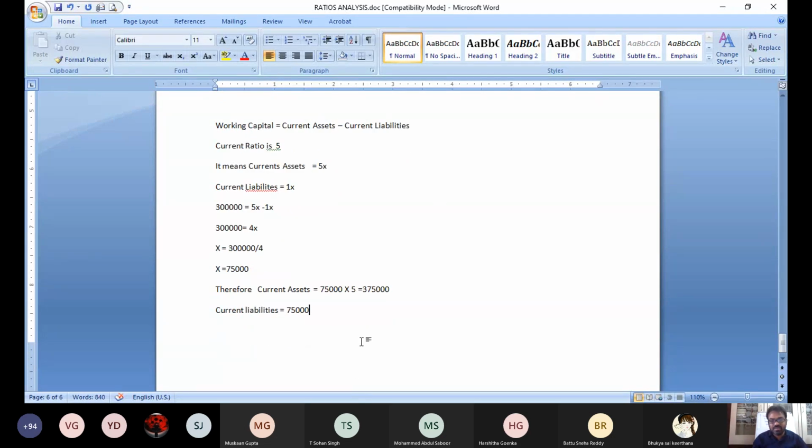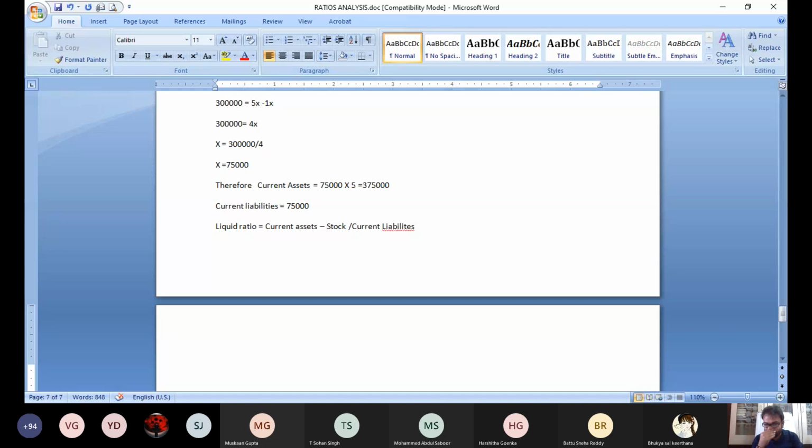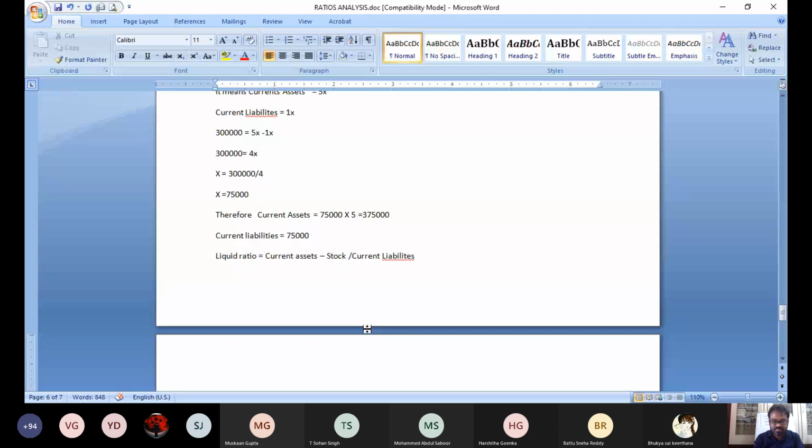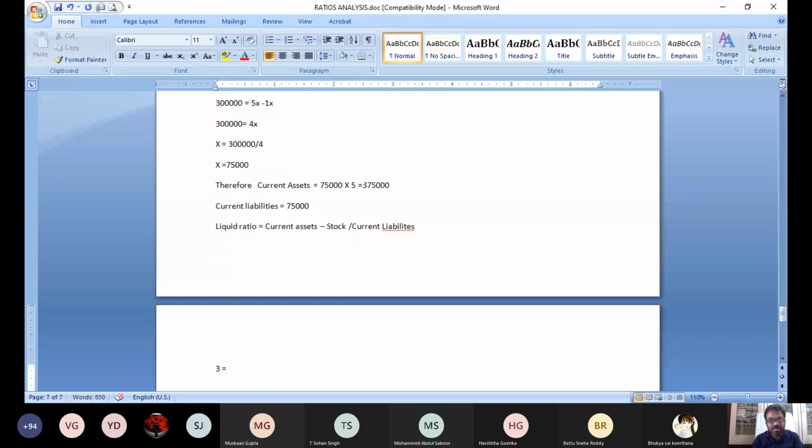Now stock. So liquid ratio is equal to current assets minus stock divided by current liabilities. What is the liquid ratio? 3. So 3 is equal to, what are the current assets we have? 3,75,000 minus stock divided by current liabilities.